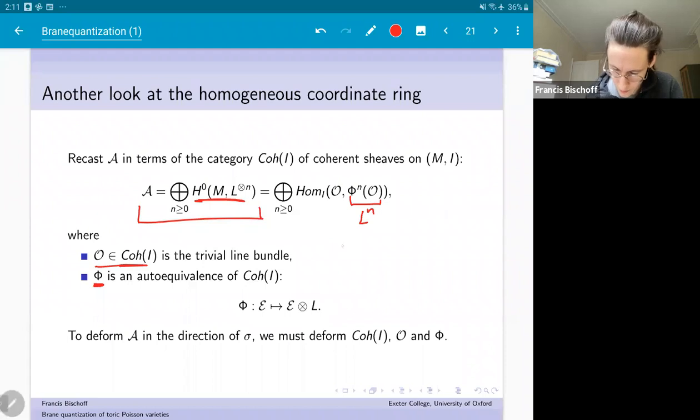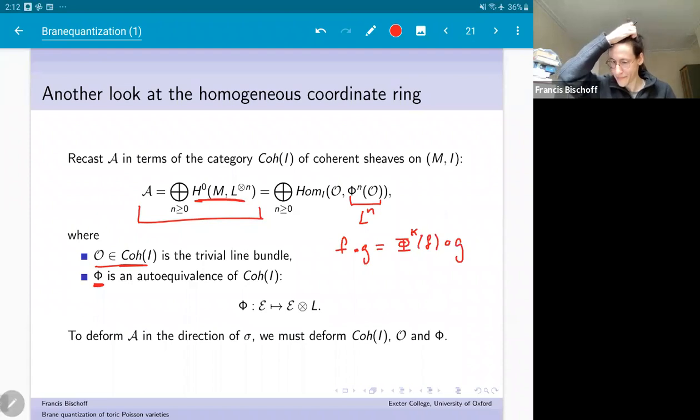So it's something like f composed with g is φ to some power k applied to f, composed with g. Okay, so if we want to deform A in the direction of this Poisson structure, what this says is that we should deform the category of coherent sheaves, this trivial line bundle, and this autoequivalence.